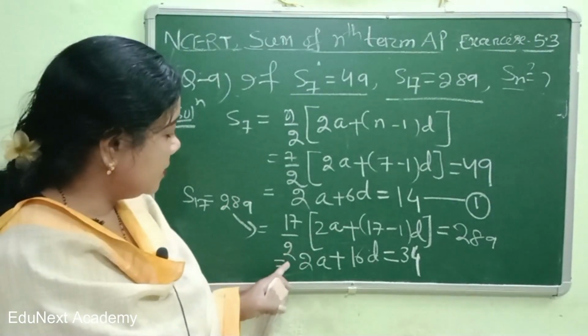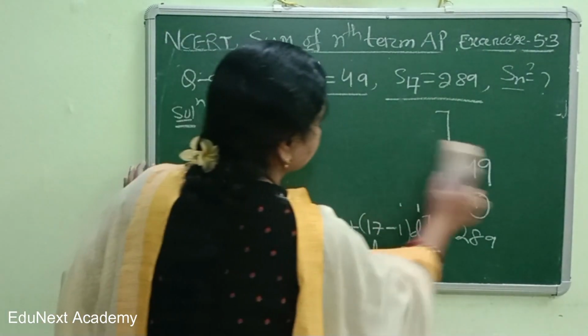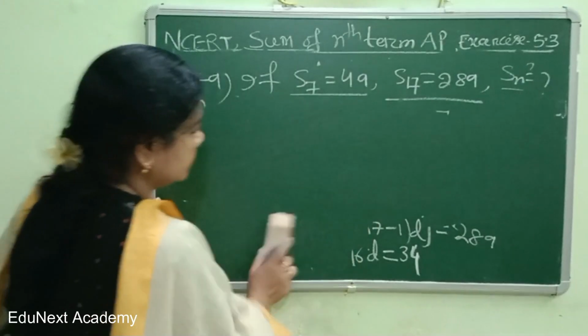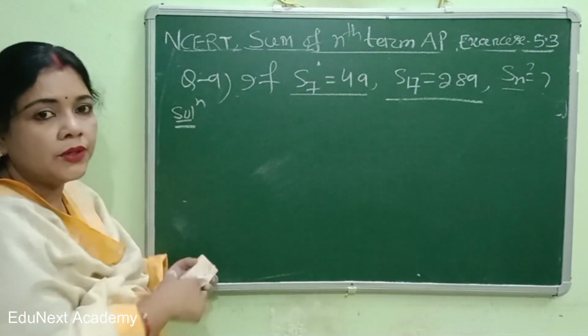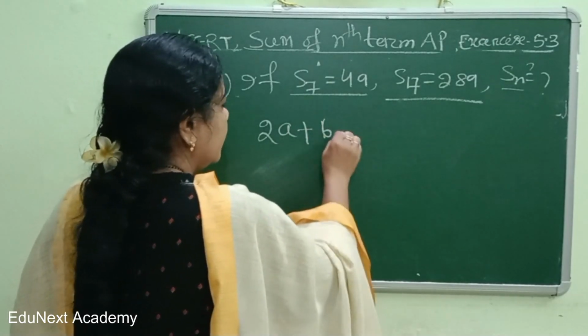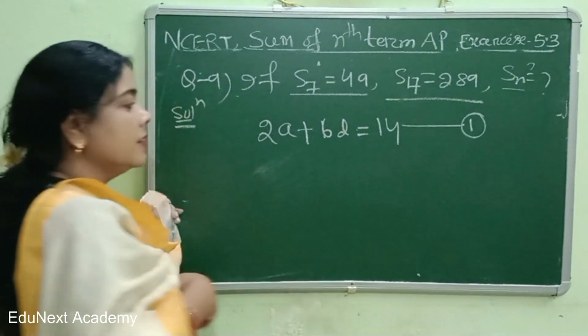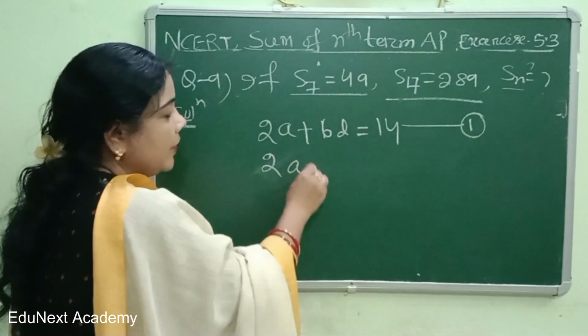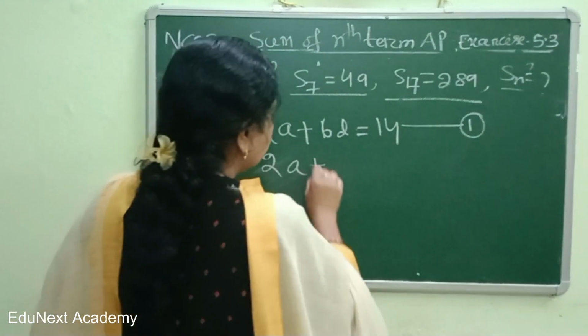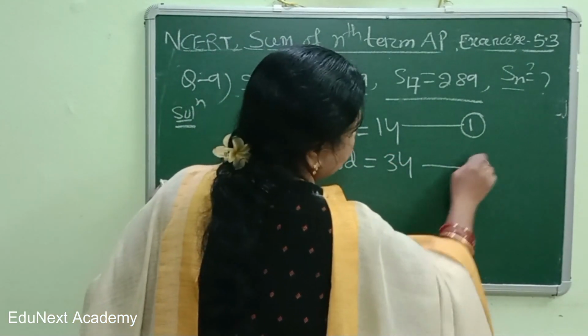So the two equations I got after solving are: 2a plus 6d is equal to 14, equation 1, and 2a plus 16d is equal to 34, equation 2.